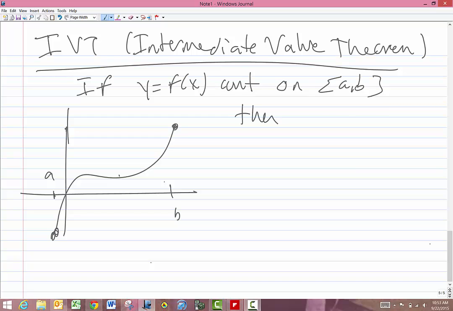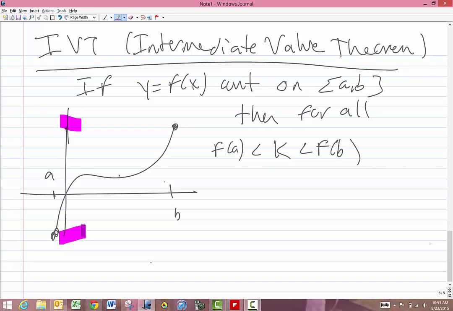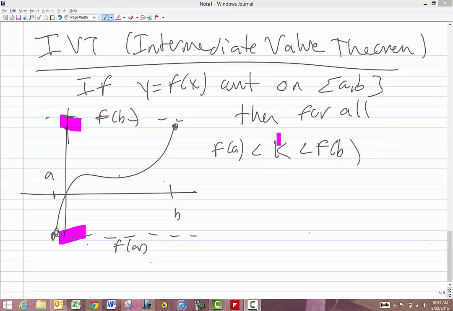Then, for all k in between f of A and f of B, so for all the y values between, here's f of B, here's f of A, all those y values get hit. And all those y values in between must get hit.